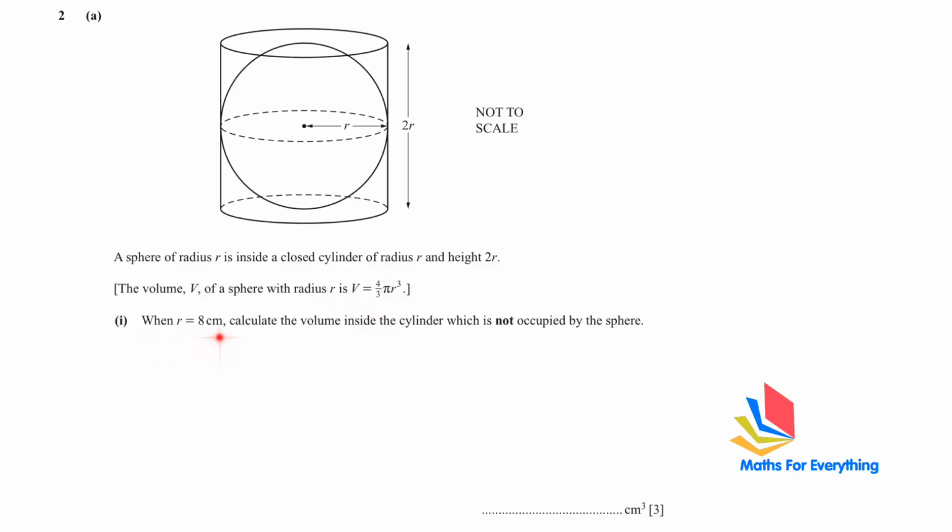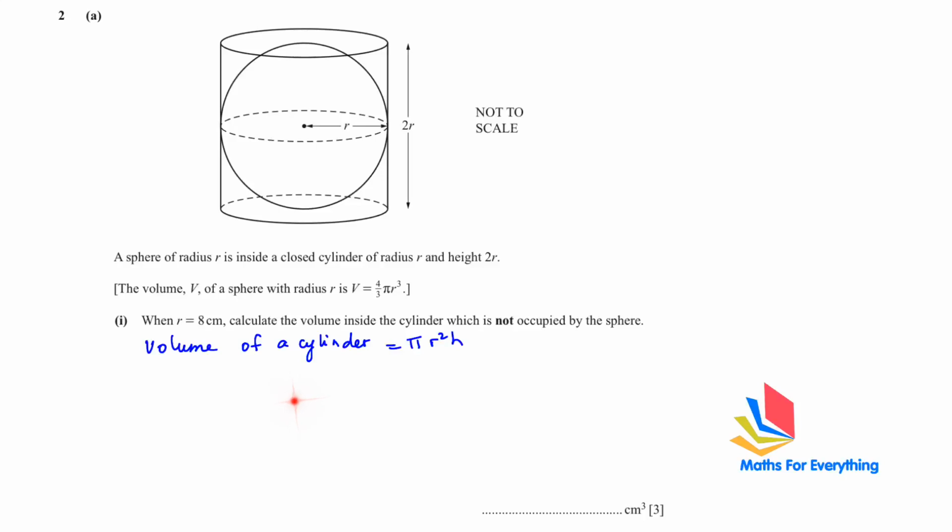When r is 8 centimeters, we have to calculate the volume inside the cylinder which is not occupied by the sphere. So the empty space here, we need to find that volume. The first thing you need to know is the volume of the cylinder, which is equal to pi r square h.